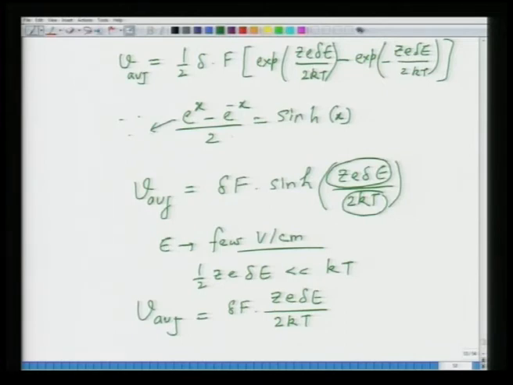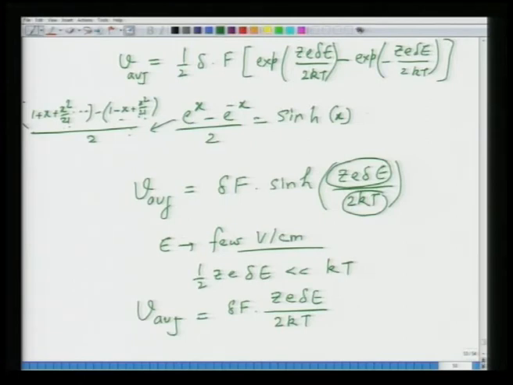If x is very small, you can open this as 1 plus x plus x square by factorial 2 and so on, minus 1 minus x plus x square by factorial 2 and so on, divided by 2. If you ignore the higher powers, it is basically x.